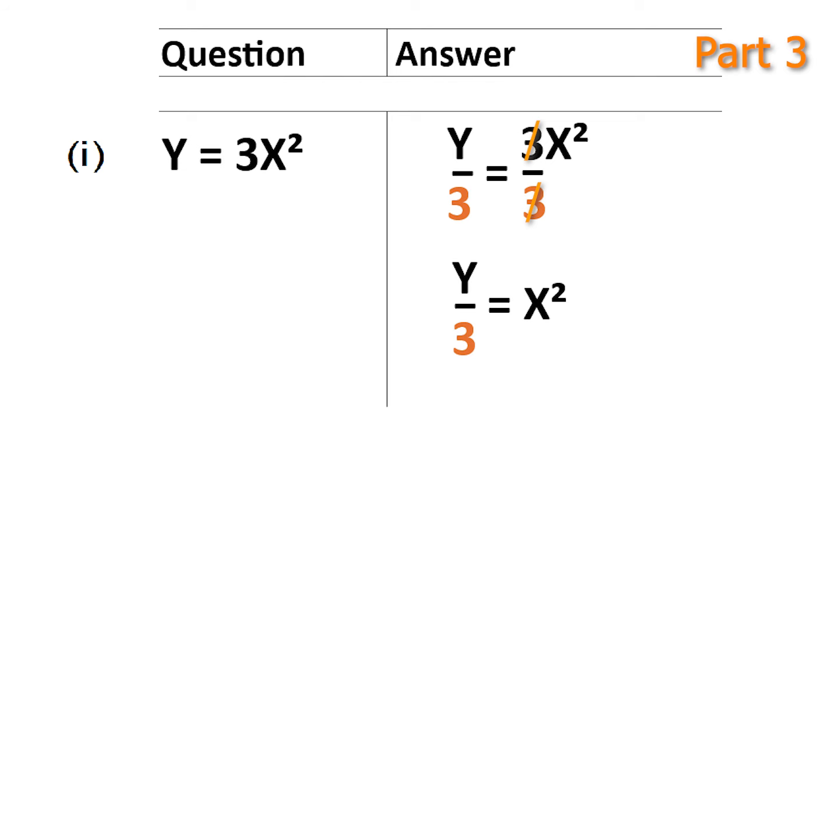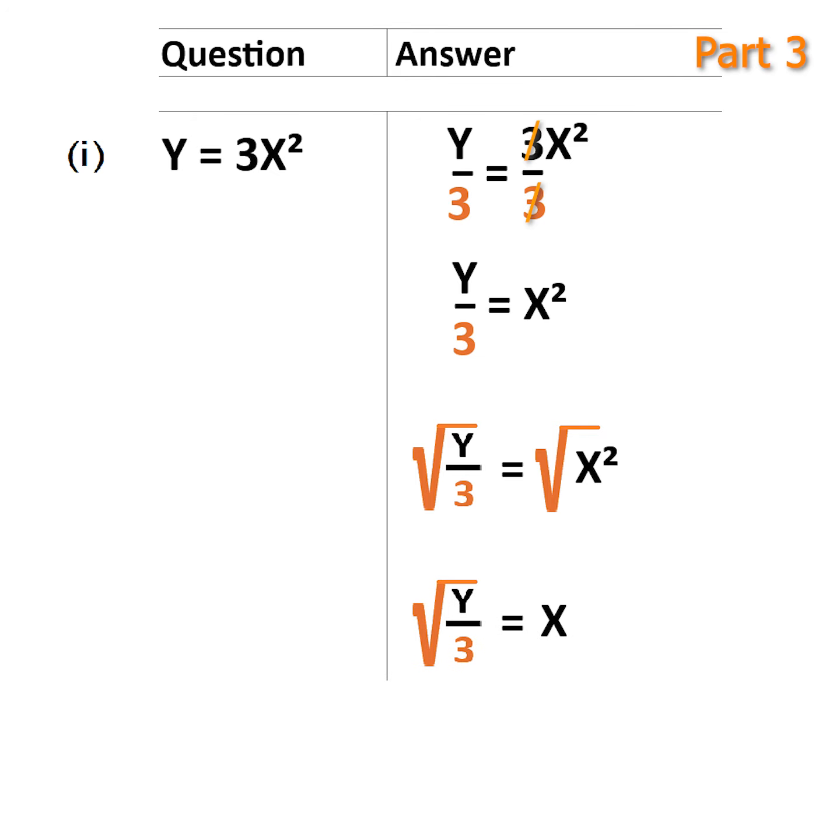To finish off, we need to remove the power 2 that x is raised by. To do this, we apply the square root to both sides of the equation, since square root is the inverse operation of squaring. This leaves us with square root of y divided by 3 equals x, or x equals square root of y divided by 3.